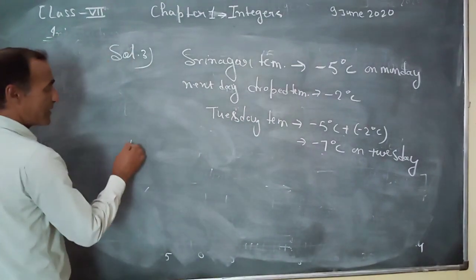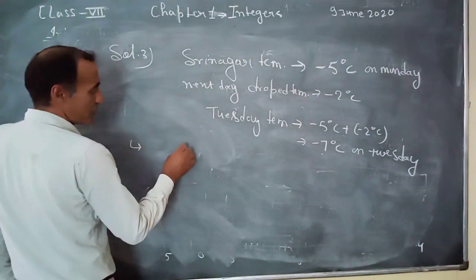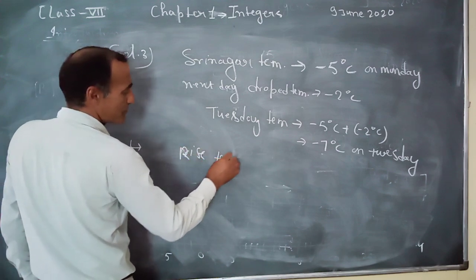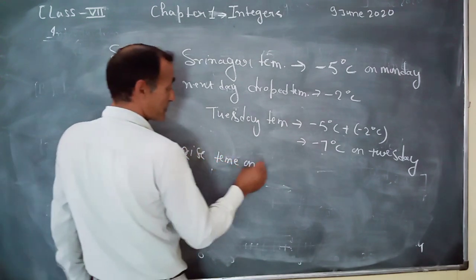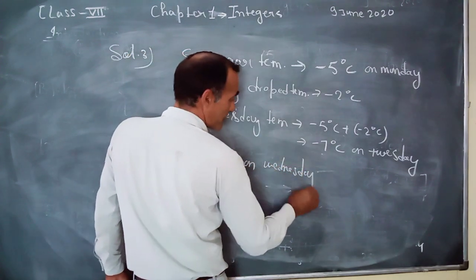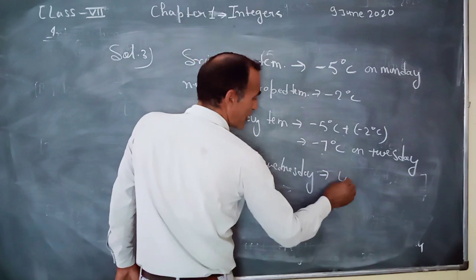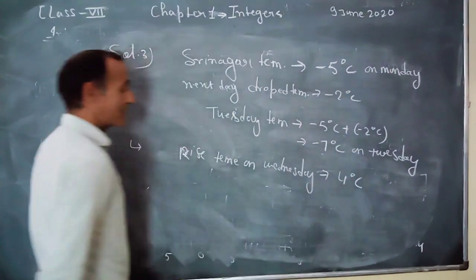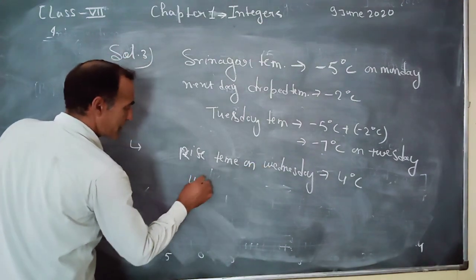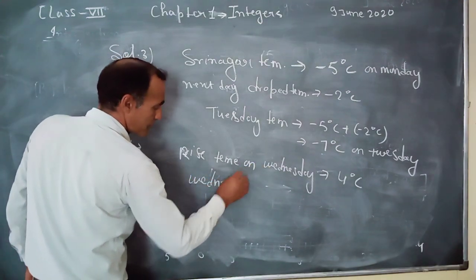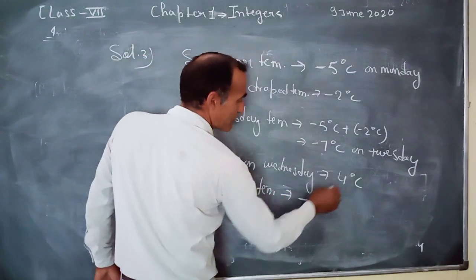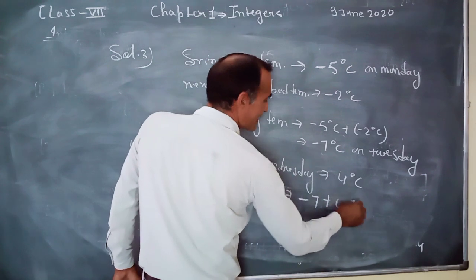And the next day, the temperature rises on Wednesday by 4 degrees Celsius. So what is the temperature on Wednesday? Wednesday temperature is -7, rise means plus 4 degrees Celsius.